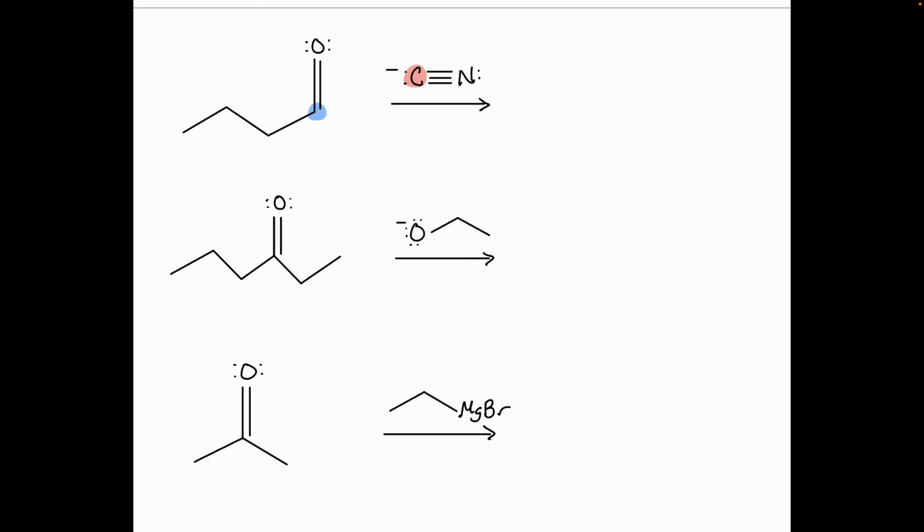Count carbons. We'll talk, you do need a proton donor. We'll talk about what that would be here in a second. You don't have to do the mechanism, just draw me the final product there. That's pretty short.